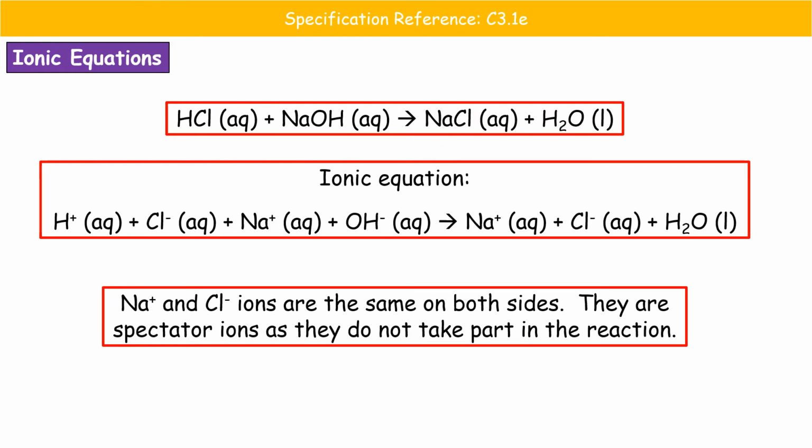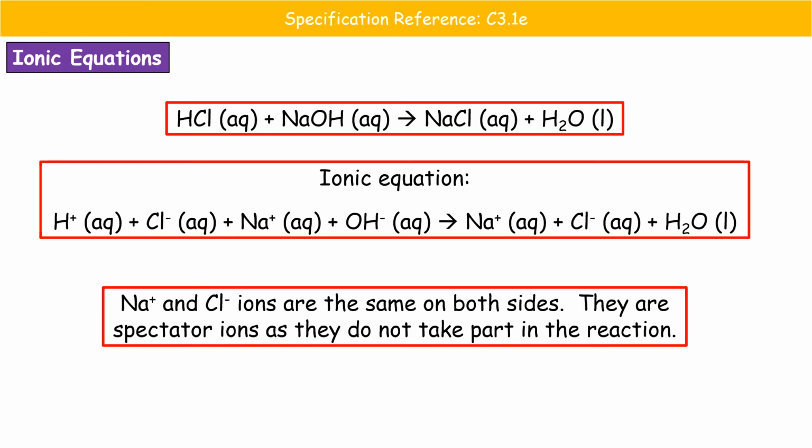If we start off with our little example at the top, we've got hydrochloric acid reacting with sodium hydroxide to make sodium chloride and water. Now, to write out our complete ionic equation, we're literally splitting these into any individual ions that are present. But you only do that with ionic substances.